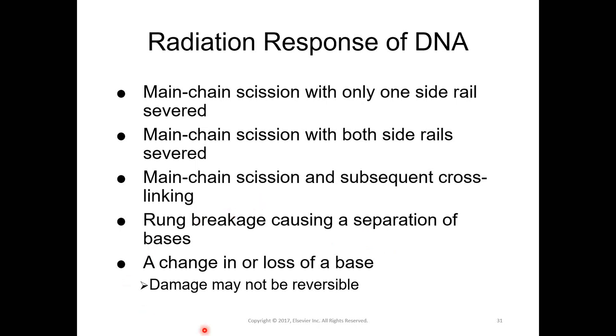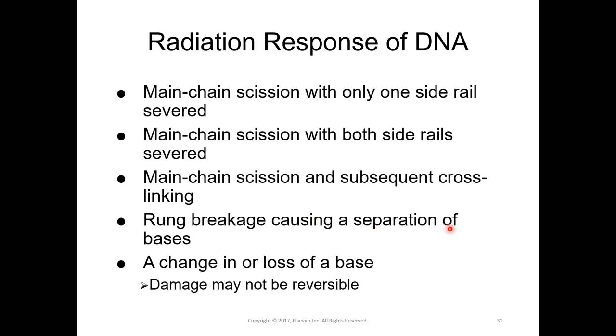And then the big one down here, when there's a change in or a loss of a base, those four bases that we talked about with your DNA, the damage may not be reversible. So even though in the previous section I said all of those can be reversed through repair and recovery, with this one particular issue, when there's a change in or loss of a base, the damage may not be reversible.